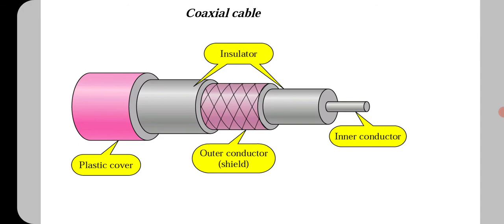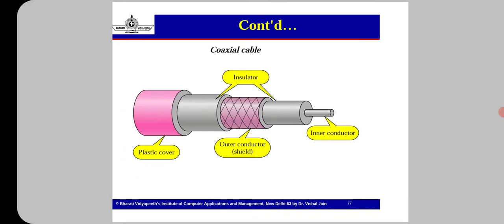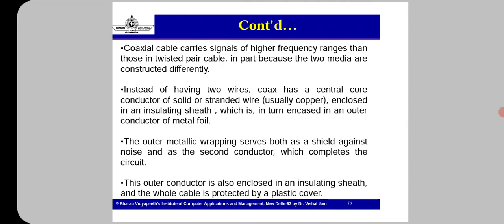These are also covered with plastic material, and are called shields. And in the outermost layer we use some plastic material to cover the entire wires, to prevent leakage of data or information.